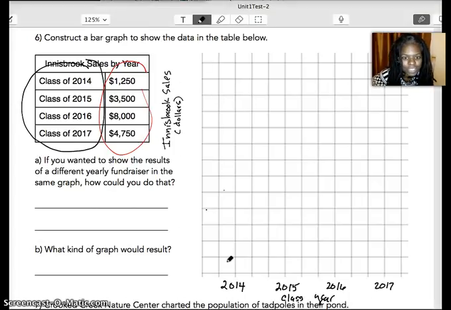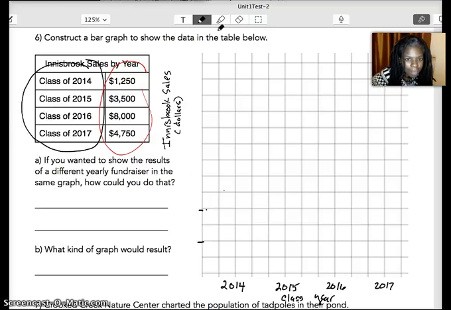Next thing I need to do is figure out a way to incorporate up to $8,000. When I look here, I'm thinking 1, 2, 3, 4, 5, 6, 7, 8, 9, 10, 11, 12, 13, 14. It looks like I can almost, but not quite, give about 1,000 for every two spaces.